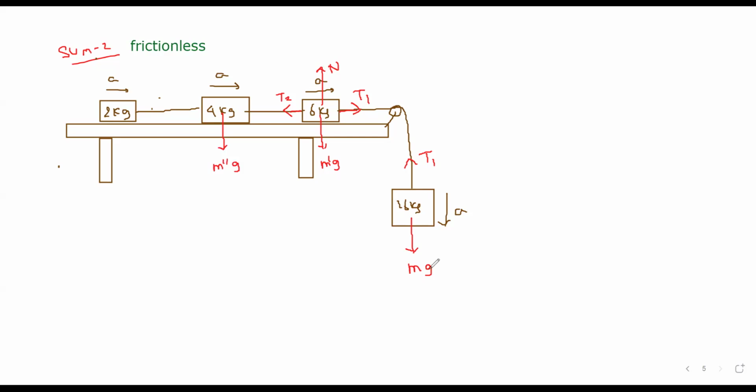I will show the difference in mass: I take this mass as m, this mass as m dash, and this one as m double dash. And it is normal reaction n dash. This tension is T2 and it is also T. Here it is m triple dash g, a normal reaction, and T2. So any doubt in the diagrams?